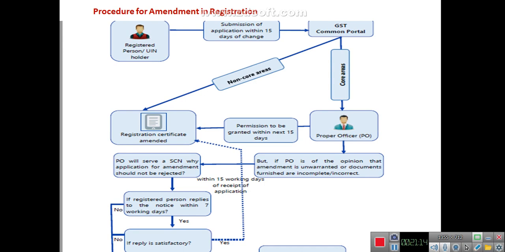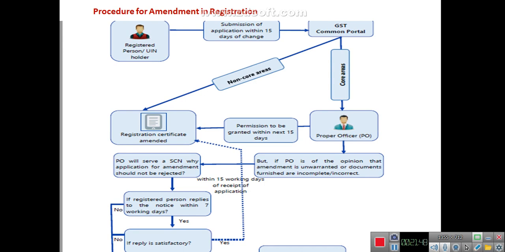If the proper officer is of the opinion that the amendment is unwarranted or the documents furnished are incomplete or incorrect, in that case the proper officer will serve a show cause notice asking why this application should not be rejected. After receiving the show cause notice, the registered person has to reply within 7 working days.